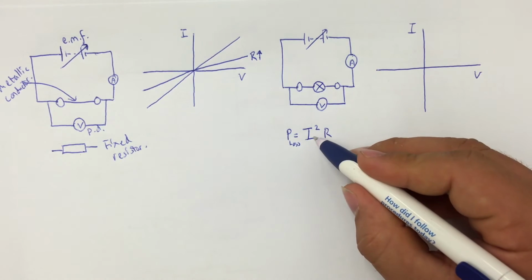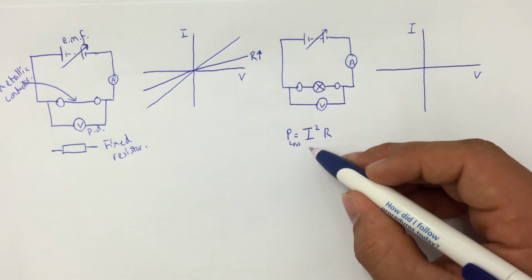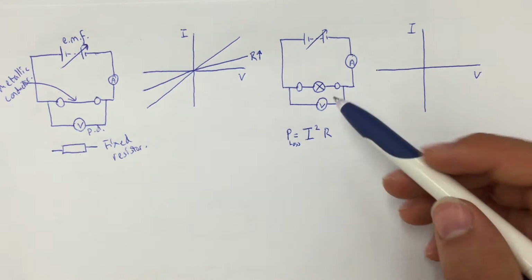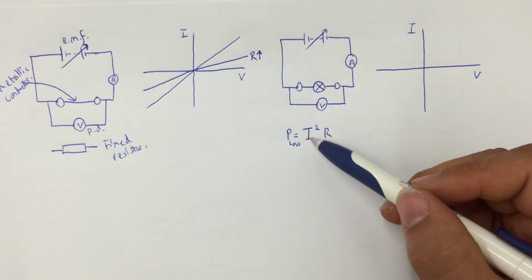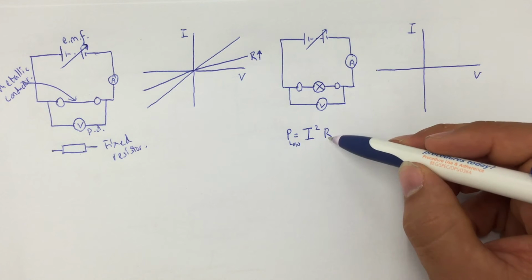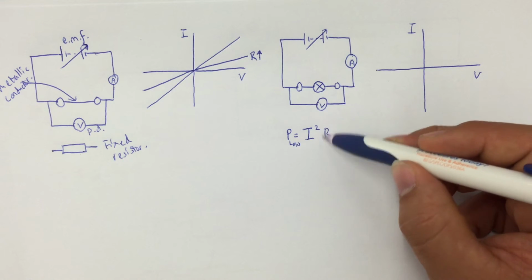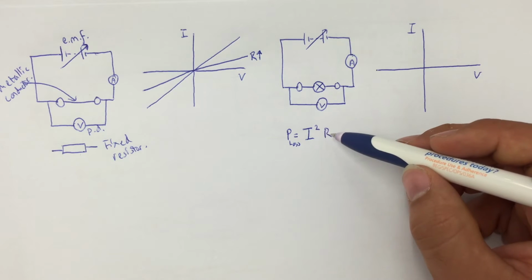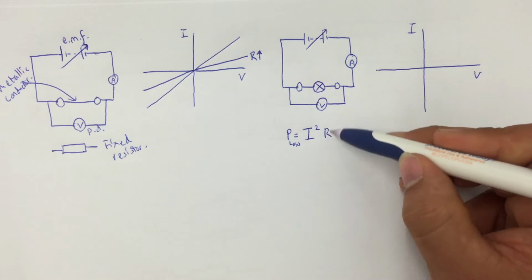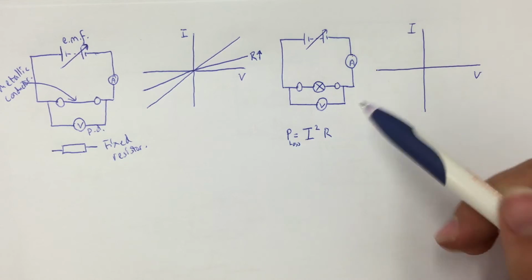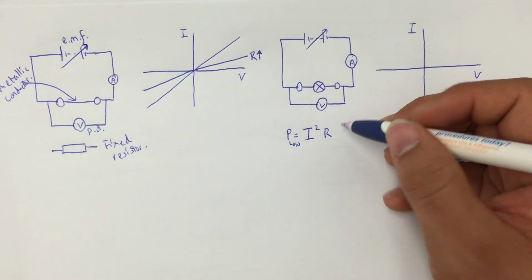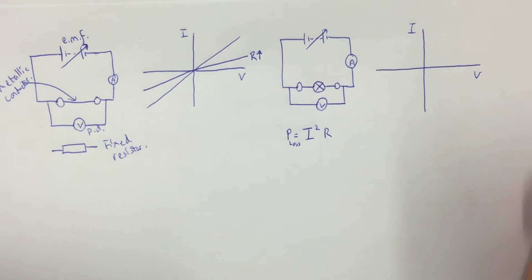And so if the current increases, that will increase the amount of power loss. And if the resistance increases, the current will decrease. So they're inversely proportional to each other. And that's important to understand.